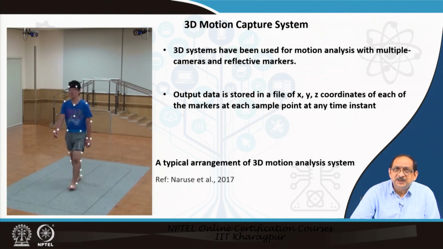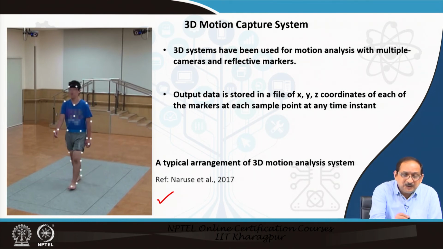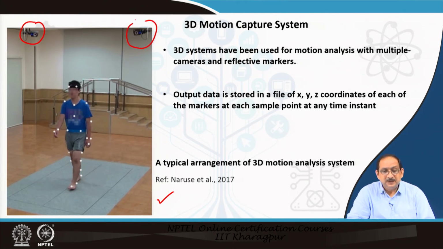Let me now present to you a 3D motion capture system. A typical arrangement of the three-dimensional motion analysis system is presented in the figure. The system comprises 10 cameras, but we can see only 2 here mounted from the ceiling.